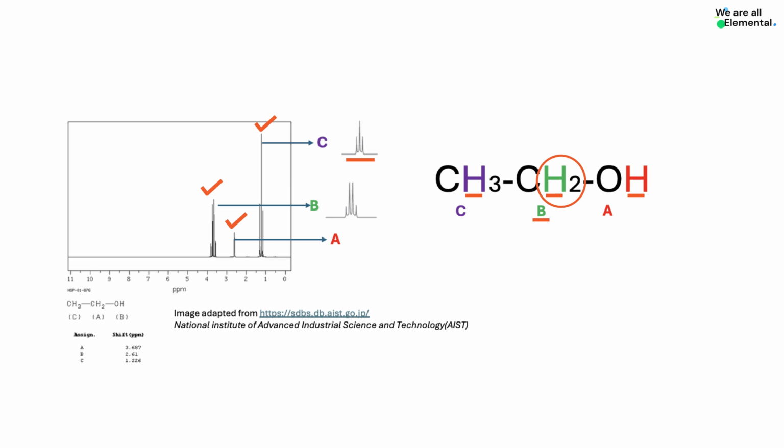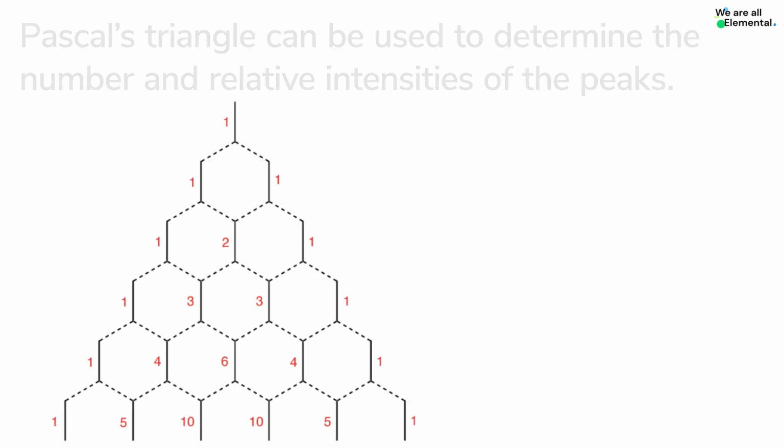Signal B is split up into a quartet because it has 3 neighboring hydrogen atoms on the methyl group, and n+1 would be 4. Signal A is not split up because the proton does not have a neighboring hydrogen.